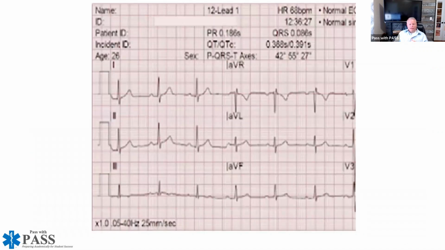All right, so here's a different view of this. If you're looking here, I have AVR, AVL, and AVF. If I look at AVF, it is the most equiphasic because I have about an equal amount going up as I do going down.